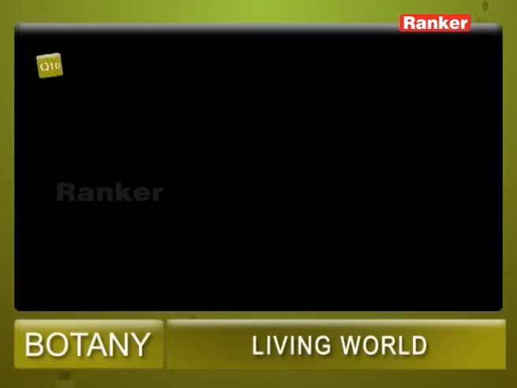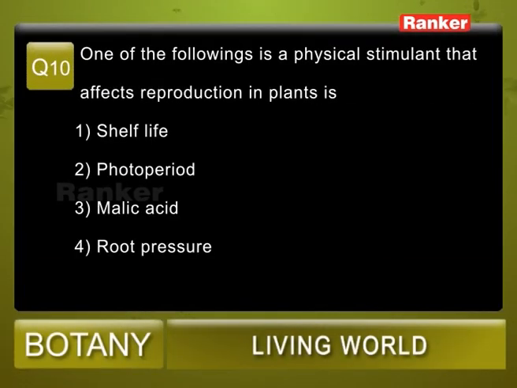Question number 10, one of the following is a physical stimulant that affects reproduction in plants: options 1 shelf life, 2 photoperiod, 3 malic acid, 4 root pressure.